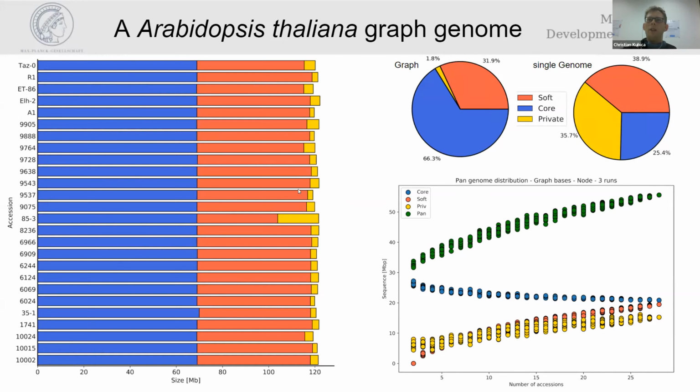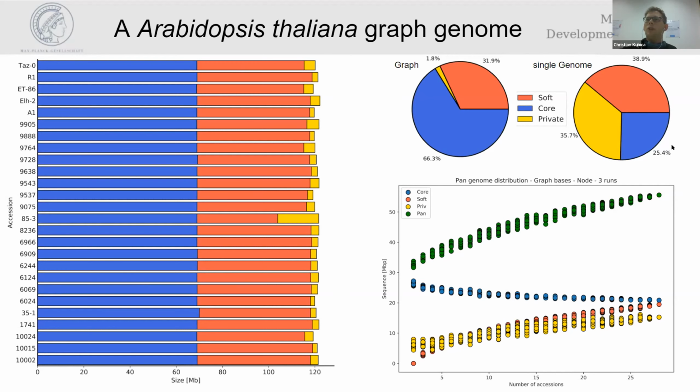Then you get the yellow part over here, the private sequence, containing nodes that are not aligned to anything else. They might be alignable, but because we enforce a certain degree of linearity, they don't align based on the settings that we use. And then in red, you see part of the graph that is not sequence that's shared by all the genomes, but also not private sequence.